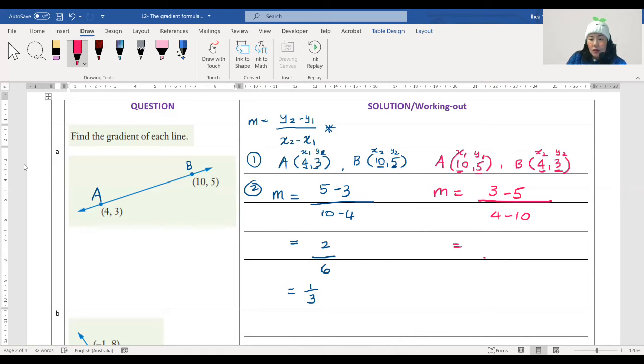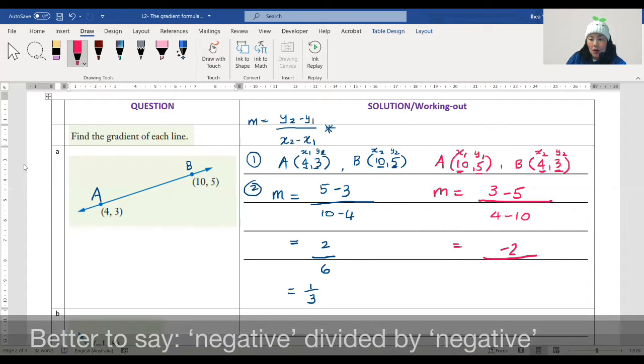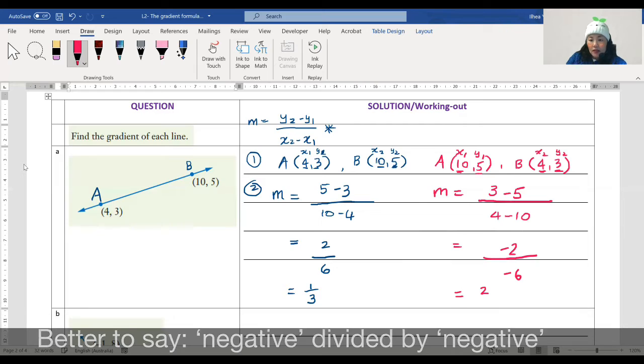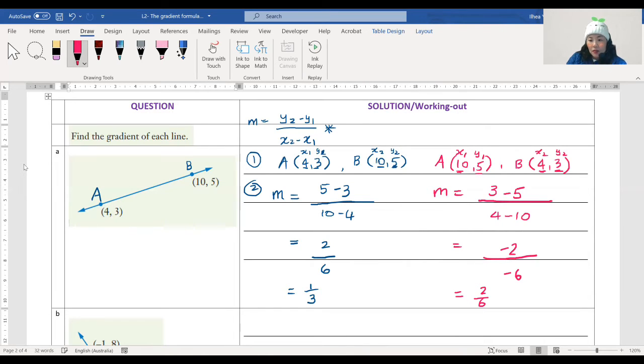If you're not confident about negative numbers, you can use a calculator. That's not a problem. So 3 take away 5 is minus 2, and 4 take away 10 is minus 6. Now, minus divided by minus is positive. So that's automatically 2 over 6, which is the same as this one. So my answer is 1 over 3, exactly the same as what we did.